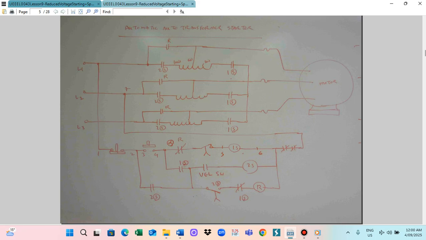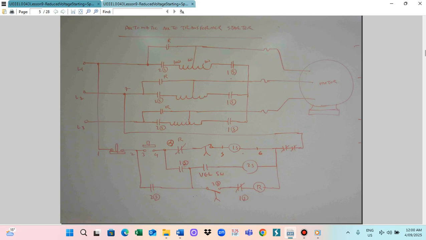This is the operation when you press the start button, the current will flow from the 1, 2, 3, 4, and it passes through the line. So 1, 2, 3, 4, 5, 6, 7. So this is a 5, 6, and 7.